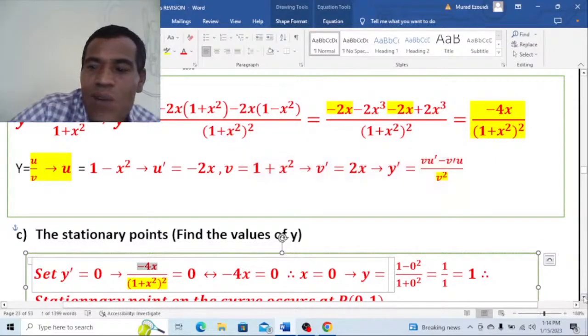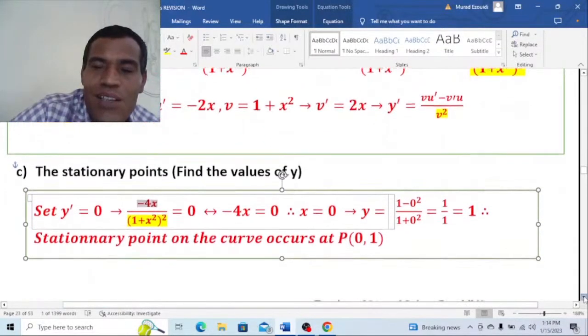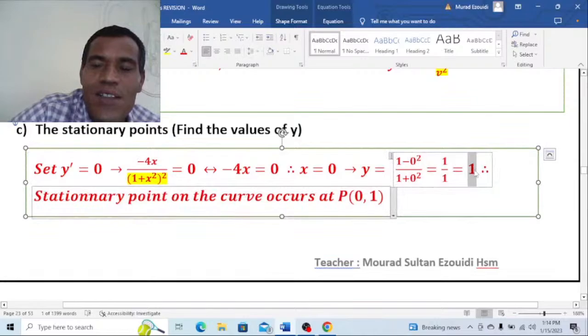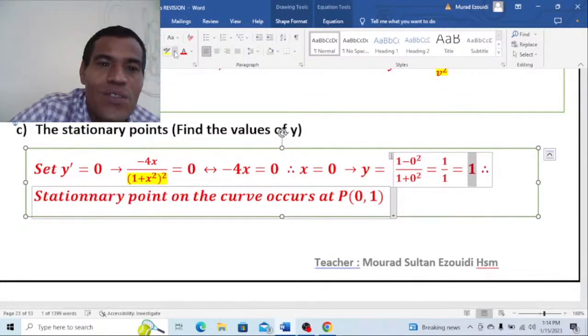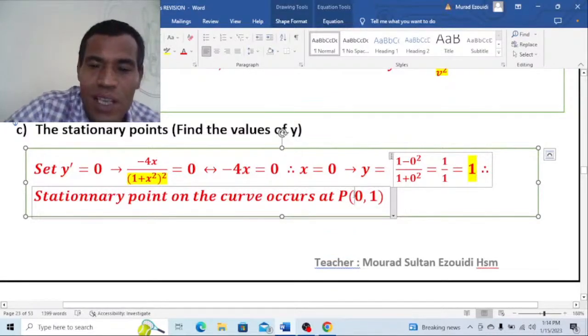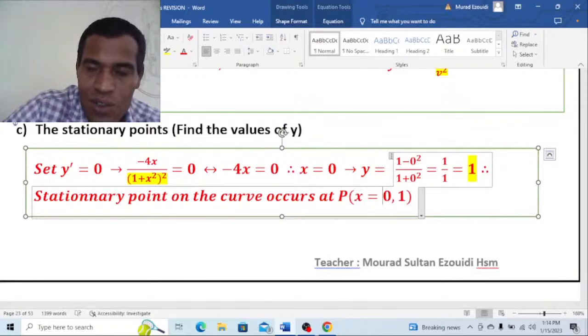Replacing x with 0, it will be 1 minus 0 squared divided by 1 plus 0 squared, which is equal to 1 over 1, and this last answer is the value of y. Therefore, learners, we can say that the stationary point on the curve occurs at the point with coordinates x equals 0 and y equals 1.